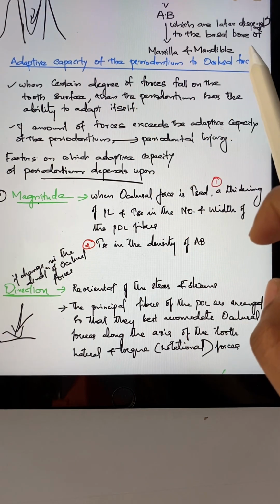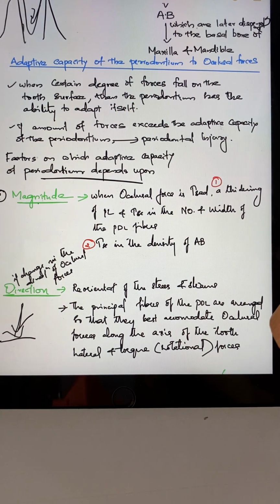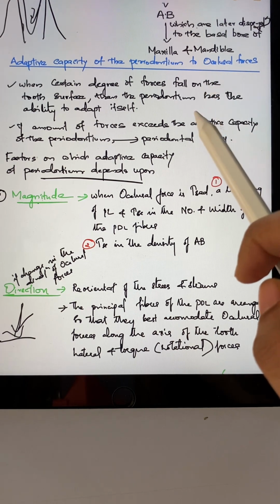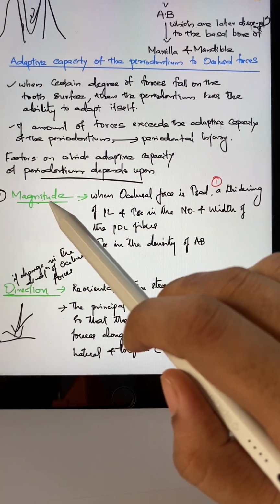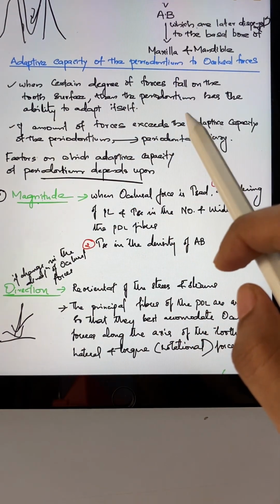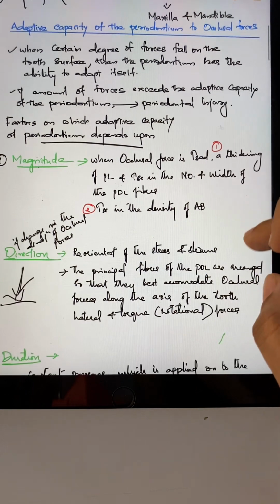When some hard biting or any such force is applied onto the tooth surface, the periodontium will definitely try to adapt itself. And if the amount of force exceeds the adaptive capacity of the periodontium, then periodontal injury occurs.